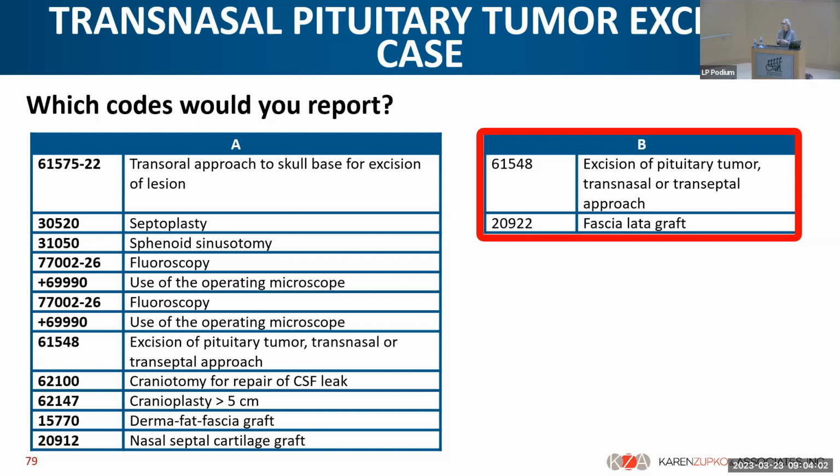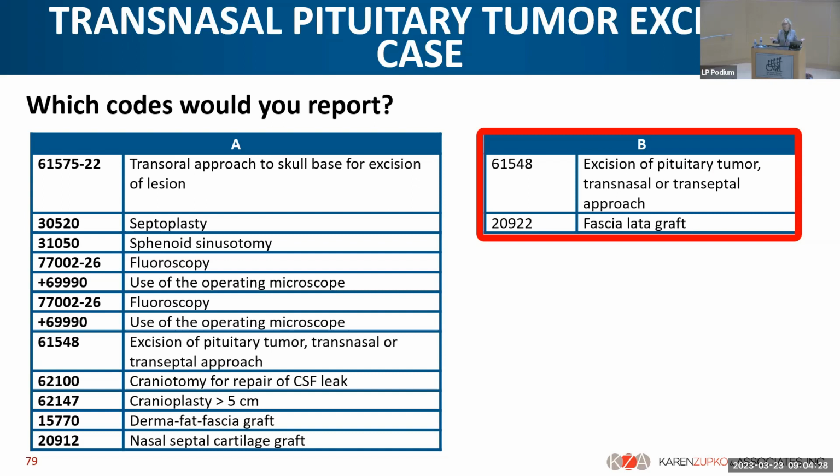And if the neurosurgeon went to get fat, made an incision in the belly and got abdominal fat to again repair the septum, the neurosurgeon could bill for that. Now, if the ENT, while you're doing the resection, does the incision in the belly and gets the abdominal fat, and places it to repair the septum, they would bill for the harvest of that fat, because we're billing for the harvest of that fat, not for the placement of it.